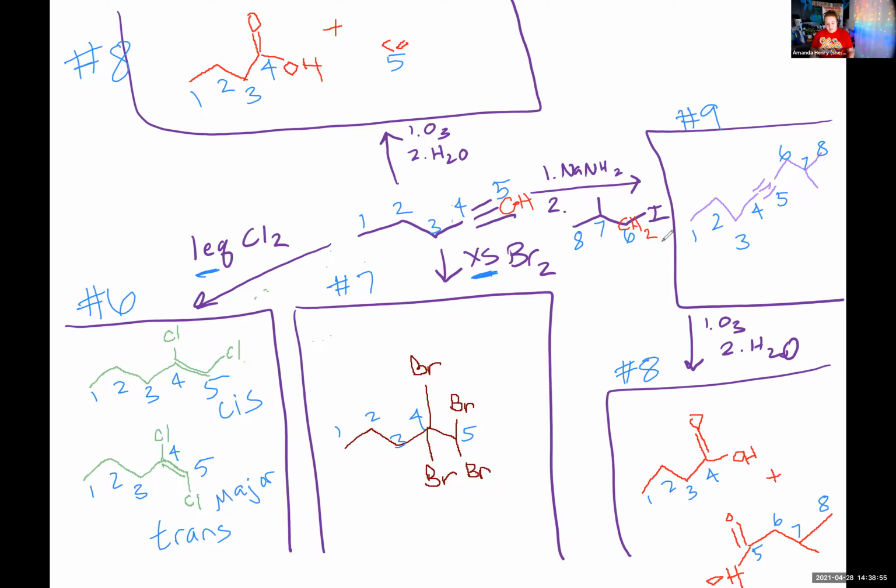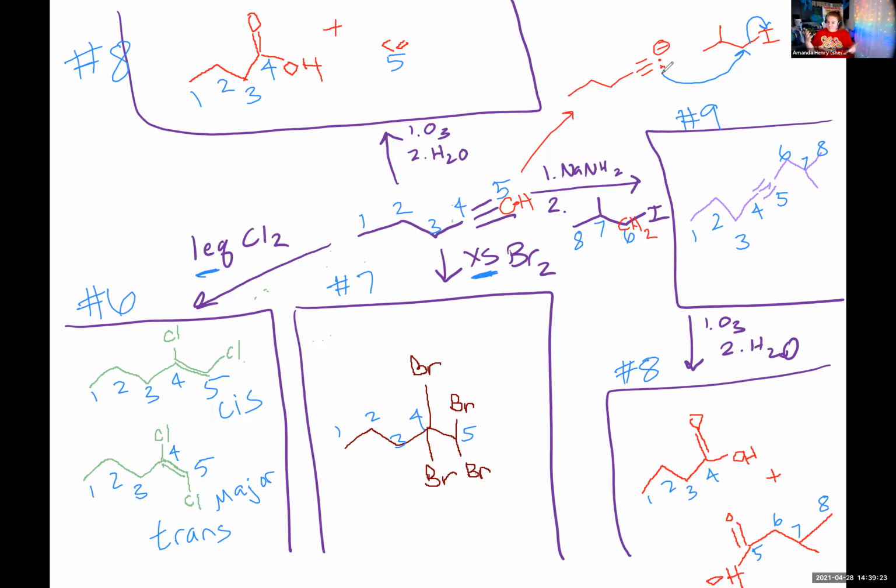And so the NaNH2, moving my little controls out of the way here, after that first step, we end up with that carbanion. And then we're going to form our new bond right there as our iodine takes off.